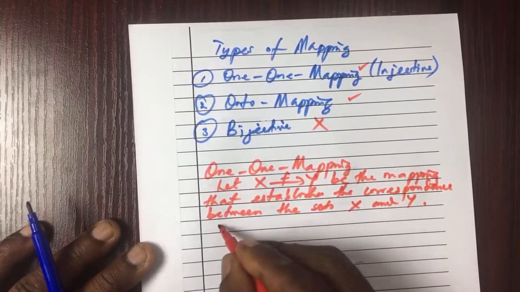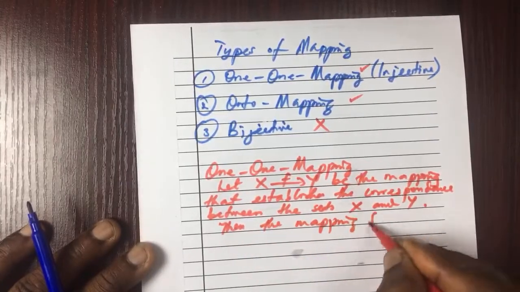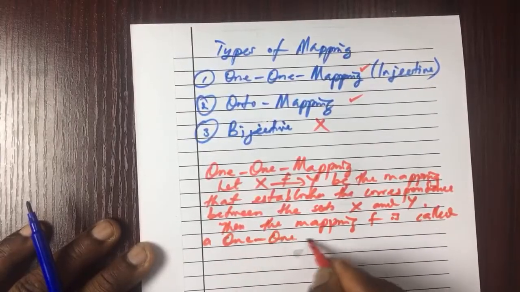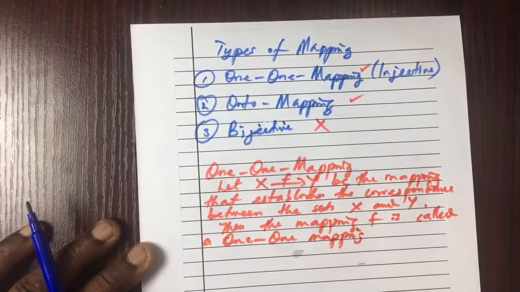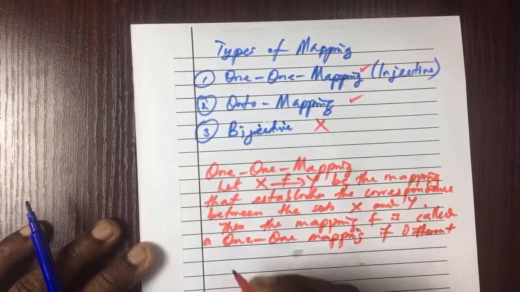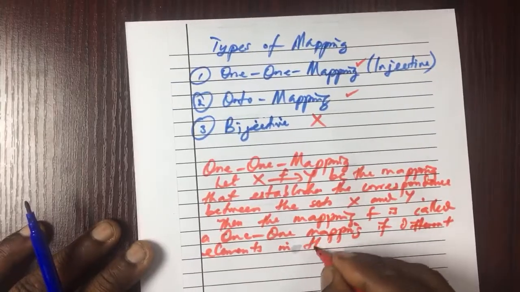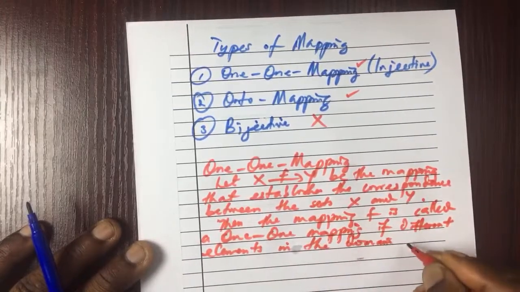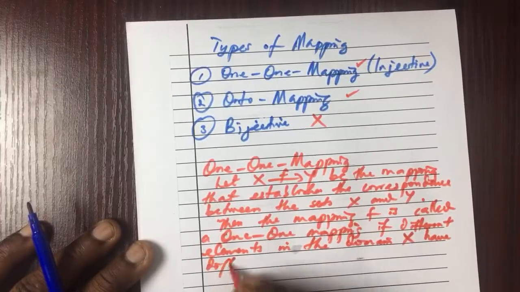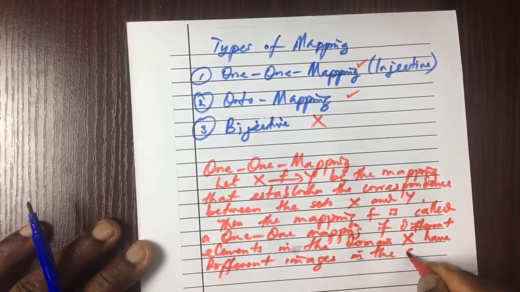So we are going to say then the mapping F is called a one-to-one mapping if different elements in the domain, that is X, have different images in the codomain.